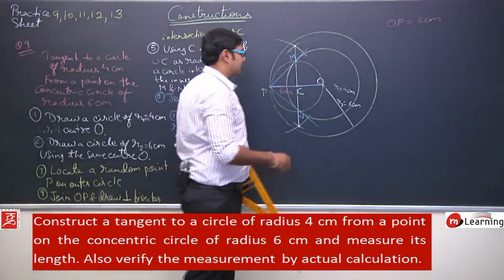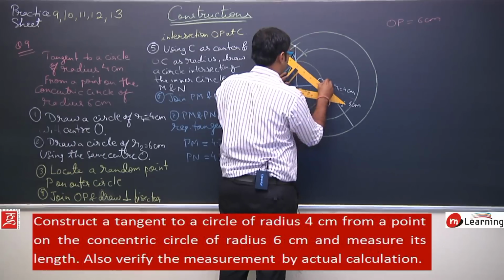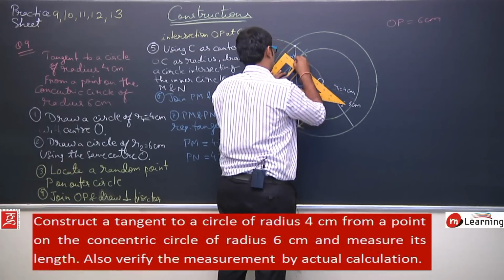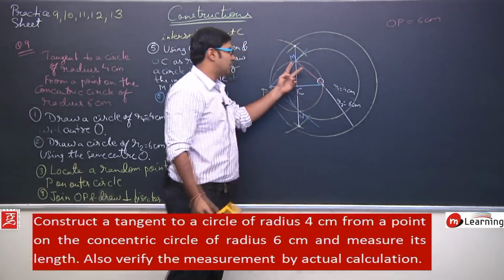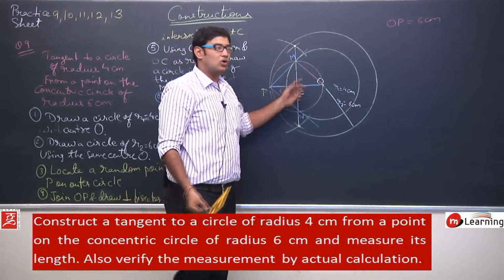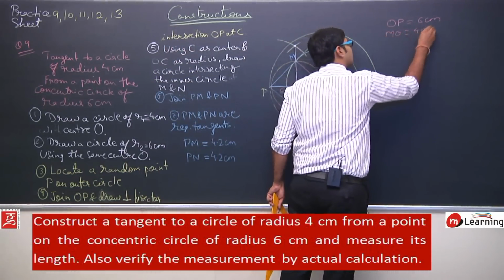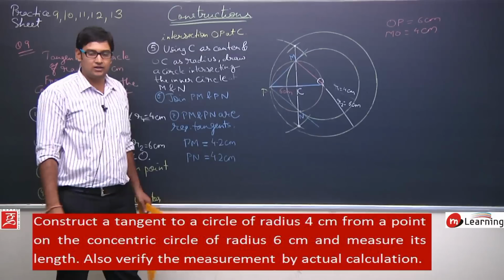And similarly, if you join this M and O, I will say that MO is equal to 4 centimeters, because it represents the radius of the inner circle.